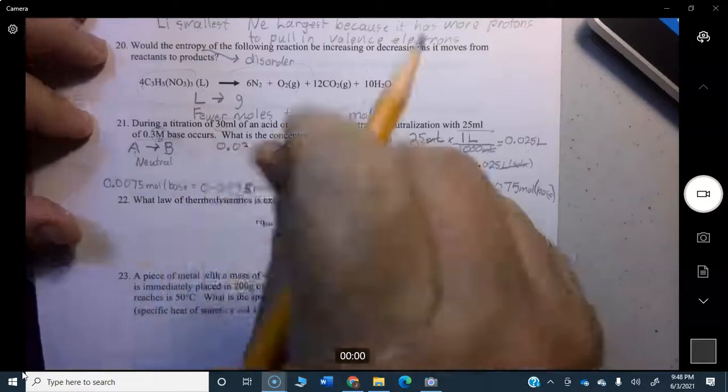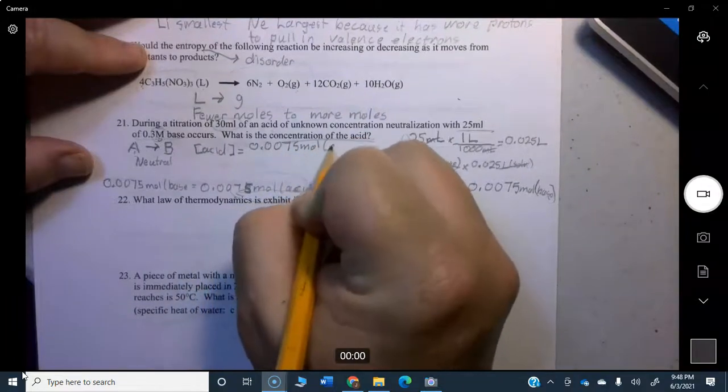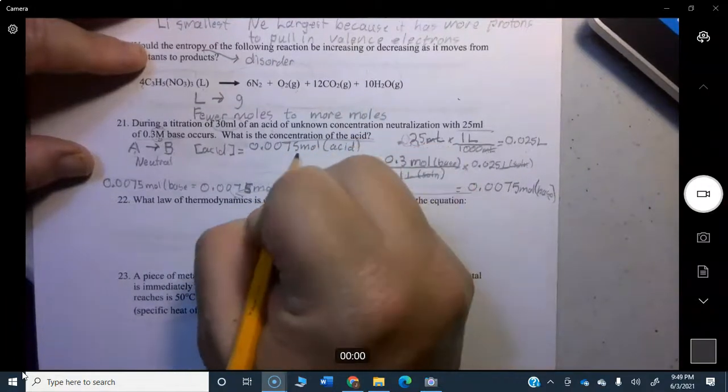So we know the number of moles right there, and it tells us that we have 30 milliliters. Okay, so rather than do this formal calculation, I'm just going to do my decimal thing. I'm going to slide that over. So that equals 0.03. So the molarity, the concentration of the acid, and you write that with the square brackets, concentration of acid, that's what we're looking for, equals the moles right here. And that's of acid, because we have to have that number equaling the moles of the base, over, and this number, 30 milliliters, is equal to 0.030 liters.